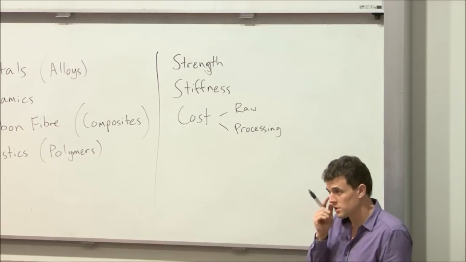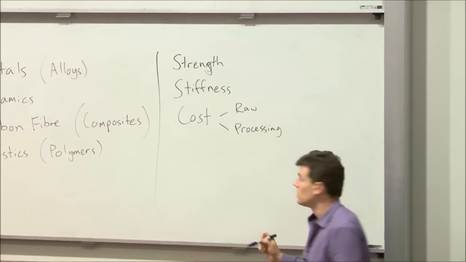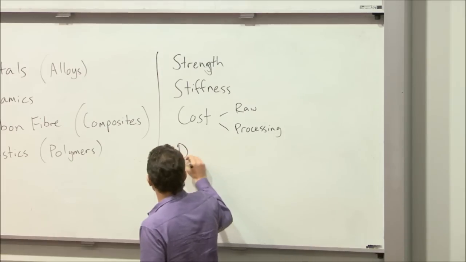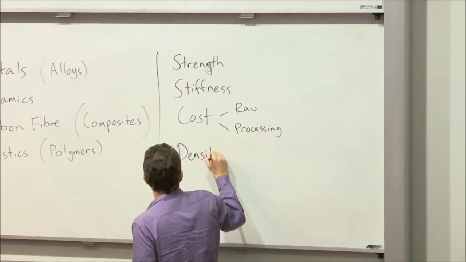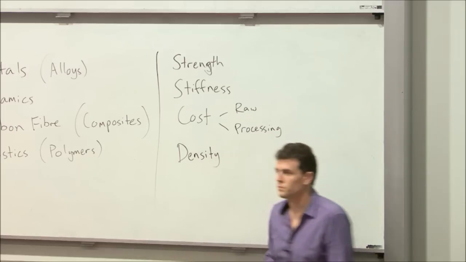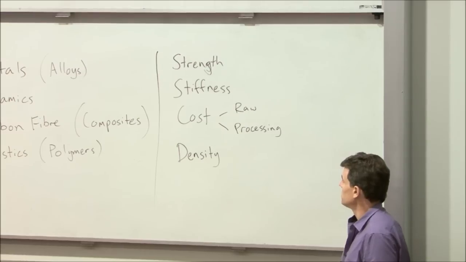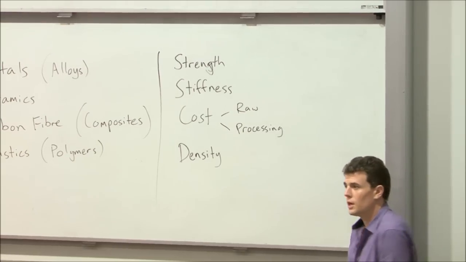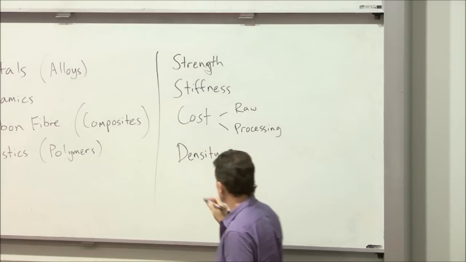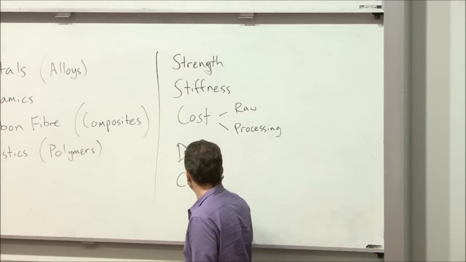What about other engineering properties? Mass. So I'm going to write density, just because I'll talk about density a bit in a minute. Okay. There are other things too. Corrosion resistance. Okay.